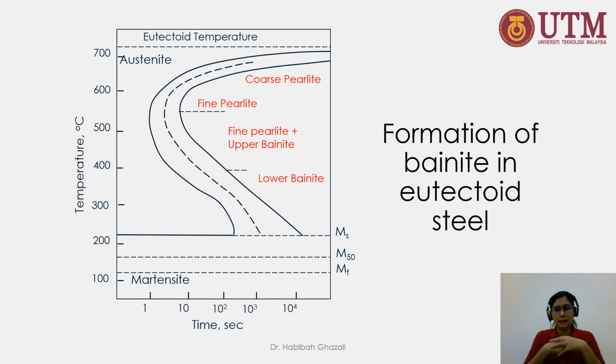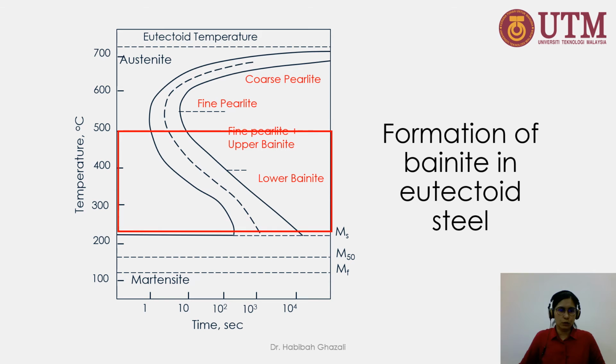So if, as an engineer, you have in your hand materials that consist of 0.8% of carbon, so this is eutectoid steel, and you want to transform them into bainite for certain applications, you can use the TTT diagram to predict or to design this heat treatment process, so that the microstructure that you will get at the end is a bainite microstructure.